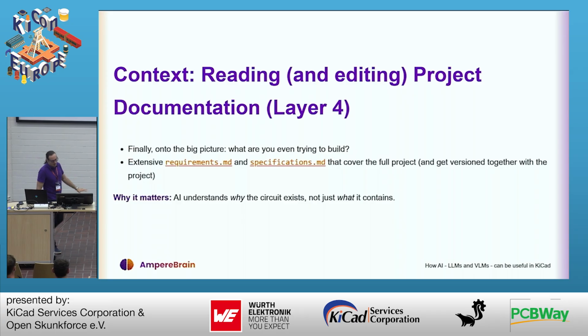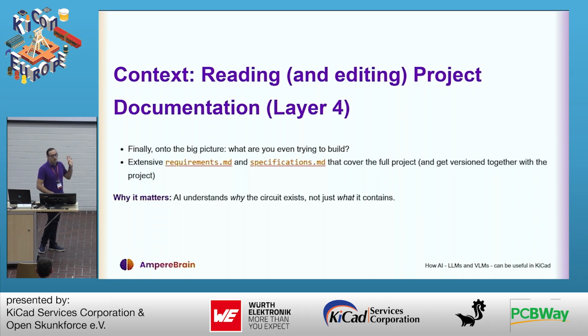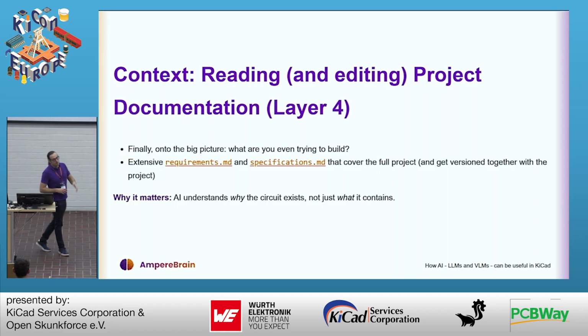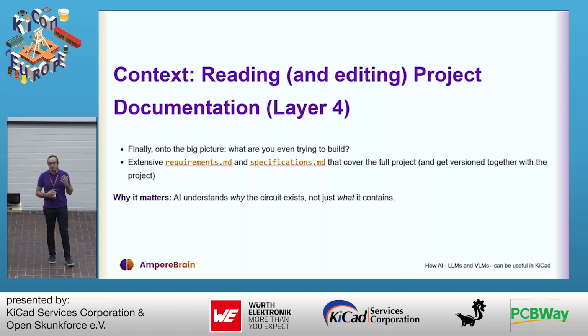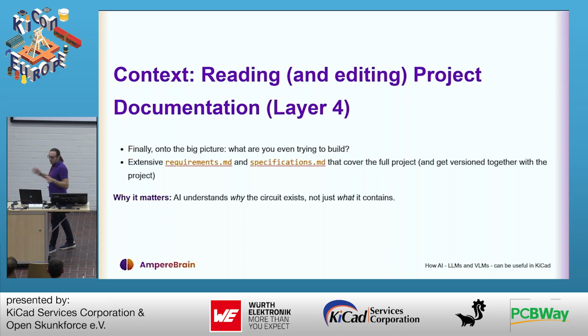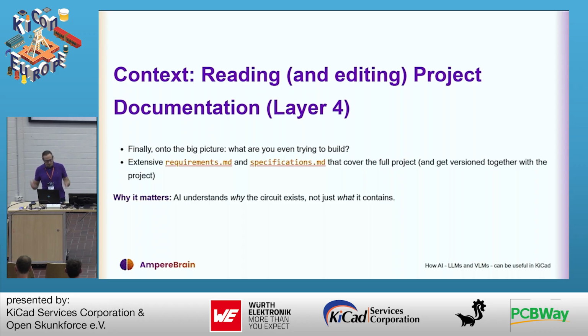Last one, the extra information. That's what I just showed you. What are we building? Right now in that software, it creates a template. It's going to edit some specs, some requirements that follow exactly what you are doing. It's also because I think that specs and requirements should be versioned together with whatever electronics you're building. So everything is synchronized with Git, and you don't have to worry at all about these kinds of things.